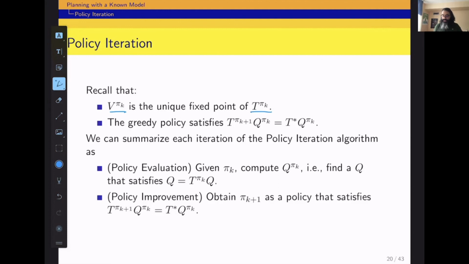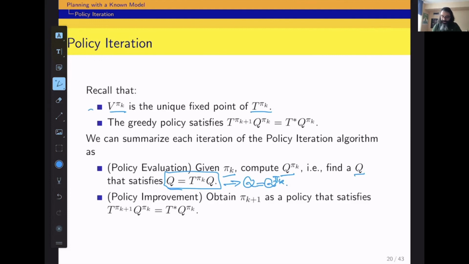So this means that the policy evaluation step of policy iteration can be written as this problem: given pi k, compute q pi k, and we do it by finding a q that satisfies this Bellman equation. And if we find it, the solution q would be equal to q pi k.